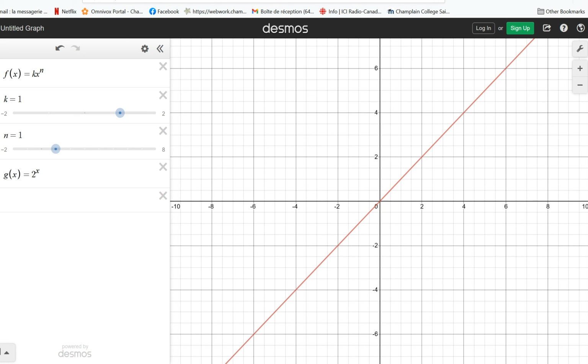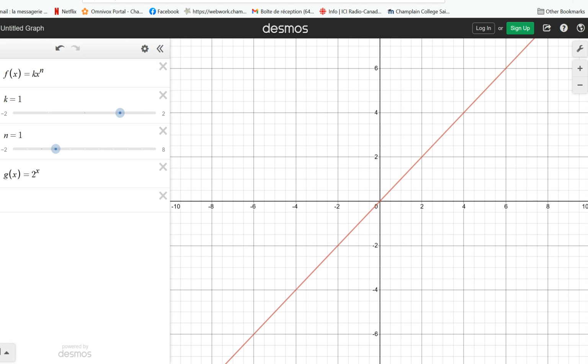In other words, for large values of x, you've got large values of y. And this is illustrated on the graph because you end up with a curve in the upper right corner. Same happens if you've got large negative values, then you end up in the lower left corner. So when x is large and negative, so is f of x.